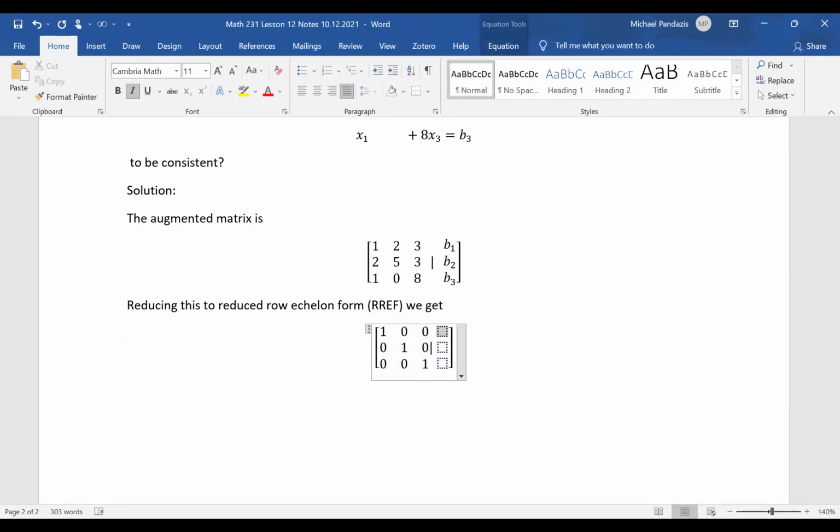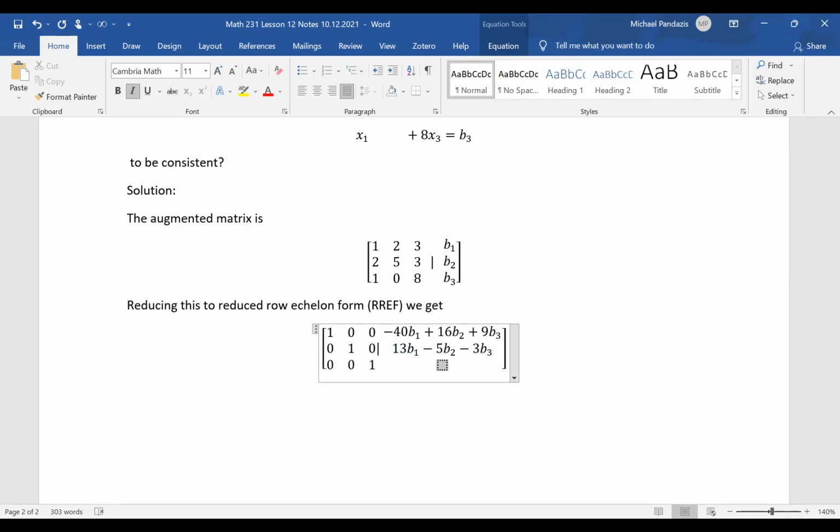Now on this side, we get negative 40 b1 plus 16 b2 plus 9 b3. We get 13 b1 minus 5 b2 minus 3 b3.